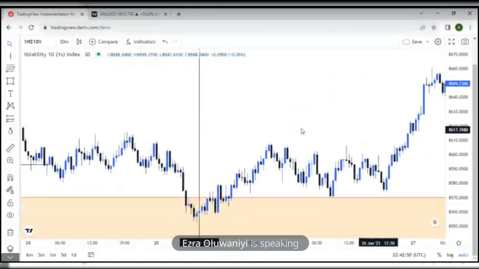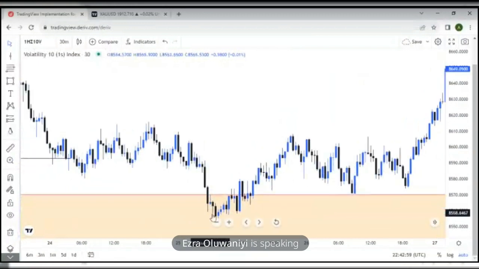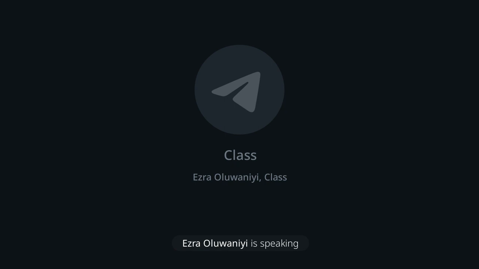All right, so that's that. We are looking for a church on this time frame. Where is a valid pullback? We are looking for a valid pullback.